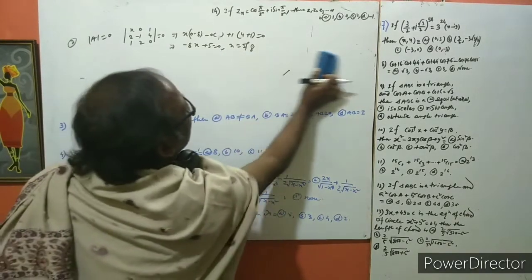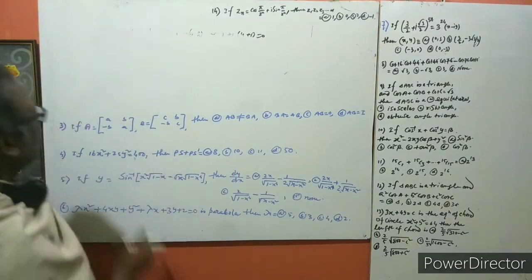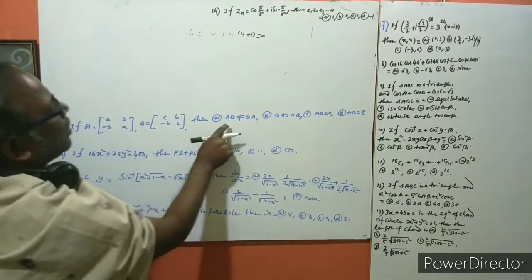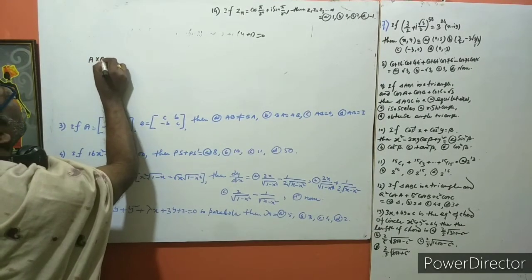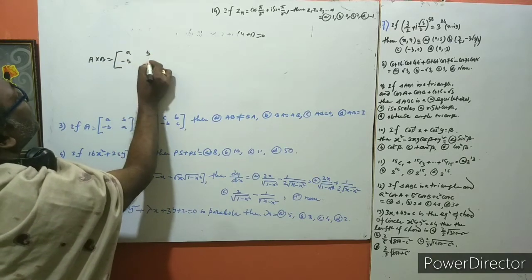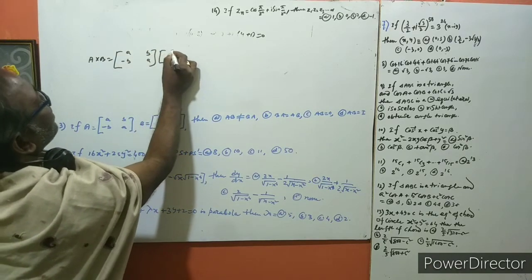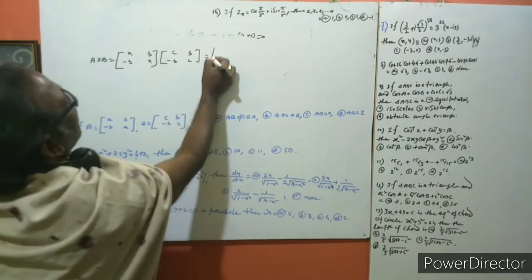This is done here. For the question number 3, now you have to show AB and BA. This is the relation. Now find here AB minus BA. This is CB minus BC. Then multiply this.